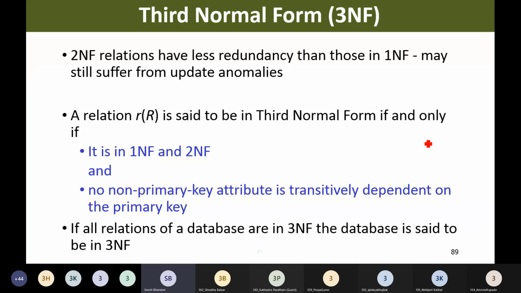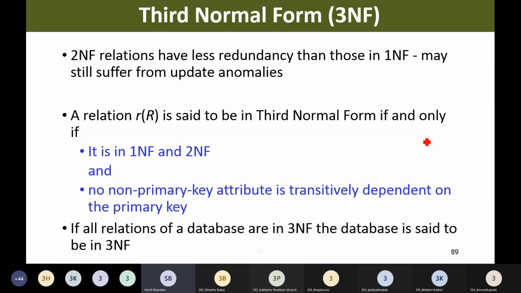Further, we mentioned that a database schema is in 3NF if all the relations in the database schema are in 3NF. Meaning, our database schema usually has many relations.